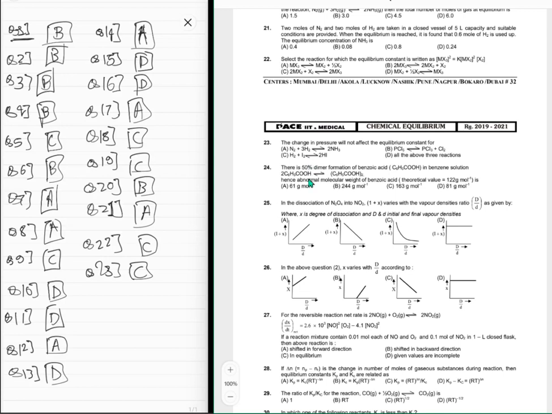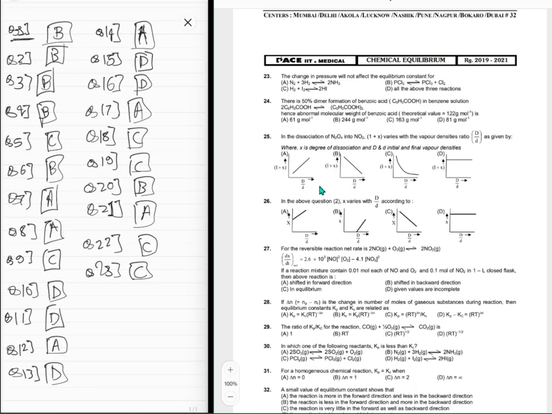Okay, there is 50% dimer formation of benzoic acid in benzene solution. Hence, the abnormal molecular weight of benzoic acid. Wait, what? Oh, okay, 50% dimer formation. Fine. 50% of the benzoic acid just converts to dimers. That's what they're saying.